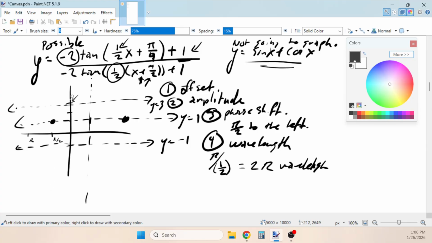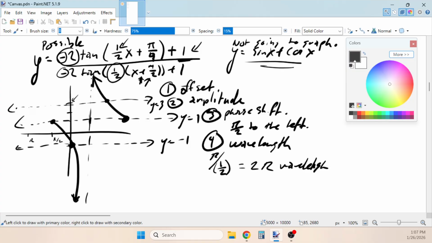You go up the crest line, but because of this reflection, we're going to hit the trough line instead. We go down like this, and halfway between the asymptote and the node, we will hit this crest line again up here because of the flip. And then we repeat this.